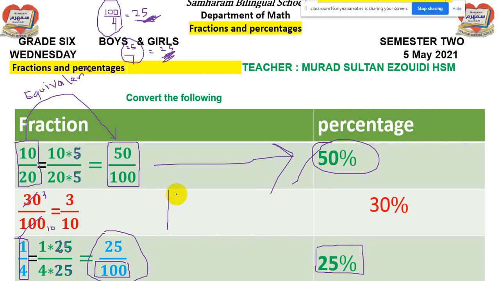Okay. Now I will give you an example. The fraction here will be, for example, 3 divided by 5. I want you to write it as a percentage. When you finish writing this, let me know. Clear? Okay, I will wait for you till you finish writing.